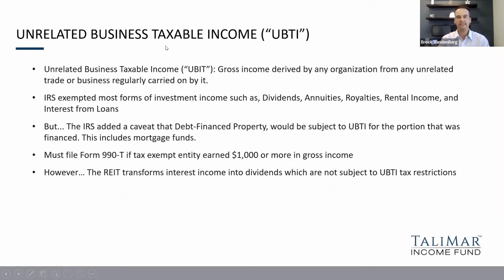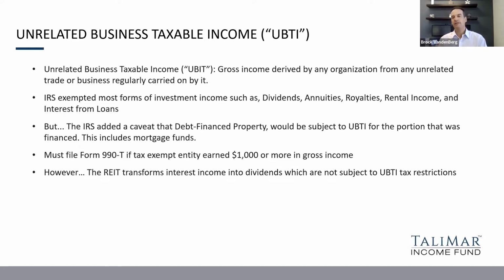So, unrelated business taxable income. This is specific to people that invest with a self-directed IRA or some other type of retirement account. You may have heard the term UBTI, also known as UBIT. And what it simply says is that gross income derived from your investment through a self-directed IRA that is unrelated to the initial investment can be taxed at your normal tax rates.